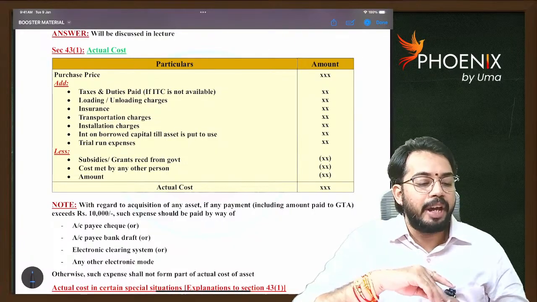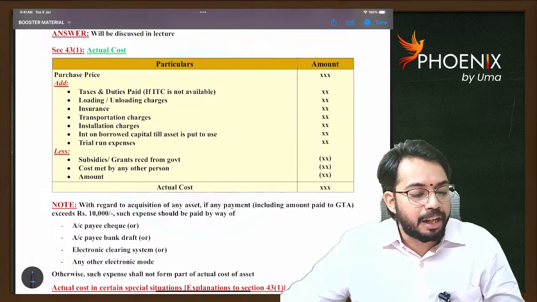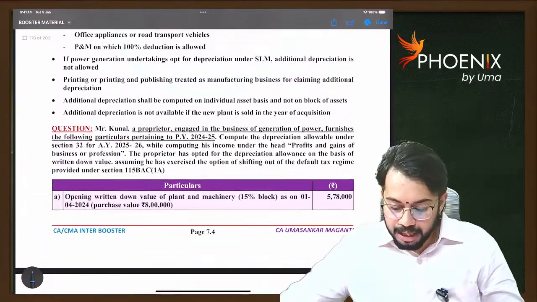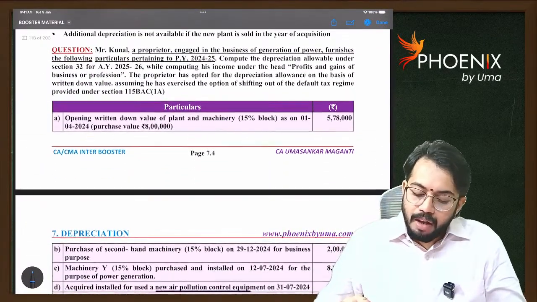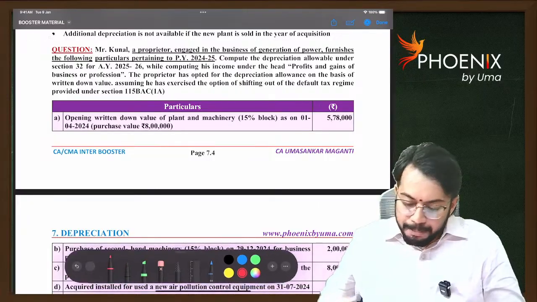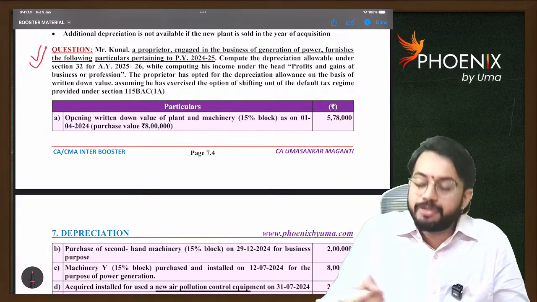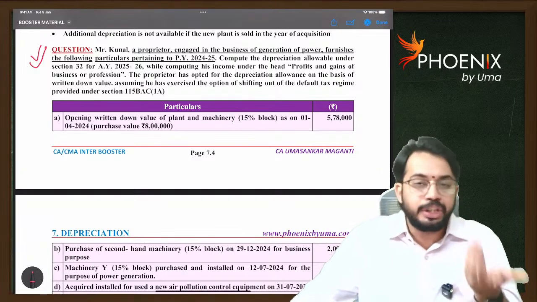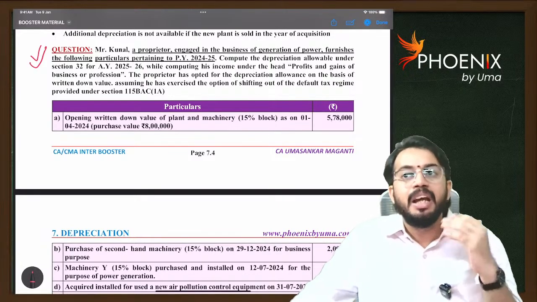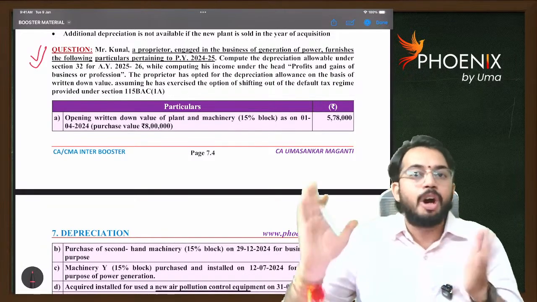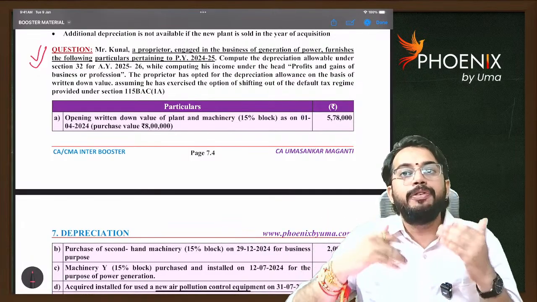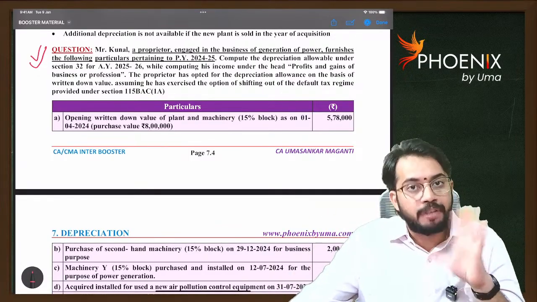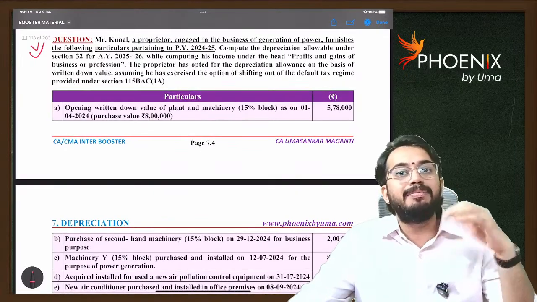Sir, please give a depreciation calculation example with additional depreciation. Saket, with regard to additional depreciation, I have solved this question. Whatever the class that I am teaching right now, it is a revision class. In revision class, I am brushing up the concepts of PGBP. If you need a practical example with regard to calculation of additional depreciation, I have done the booster series.